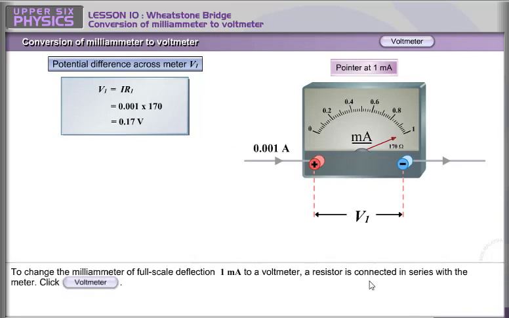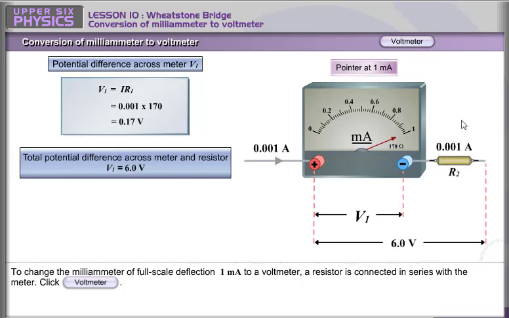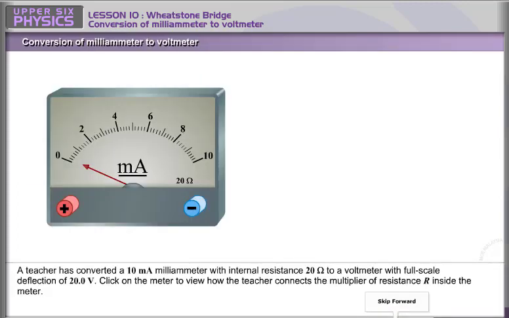To change the milliammeter of full-scale deflection 1 milliampere to a voltmeter, a resistor is connected in series with the meter. Click the voltmeter button. A teacher has converted a 10 milliampere milliammeter with internal resistance 20 ohm to a voltmeter with full-scale deflection of 20.0 volt.